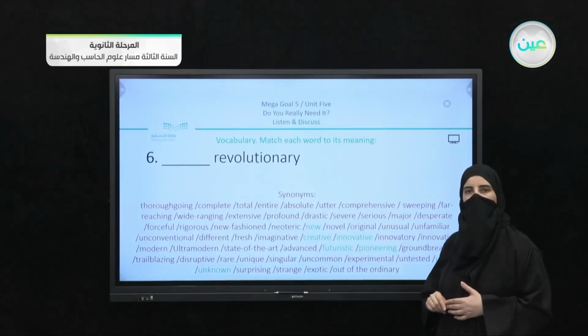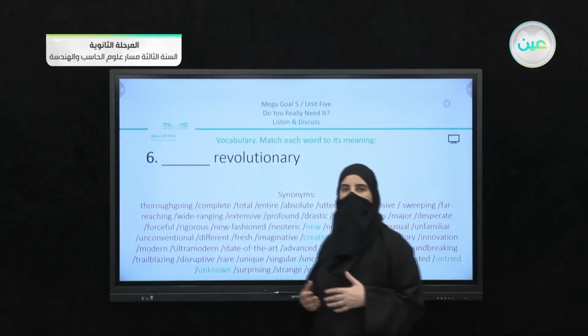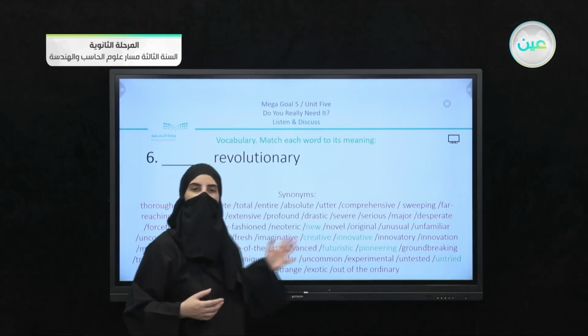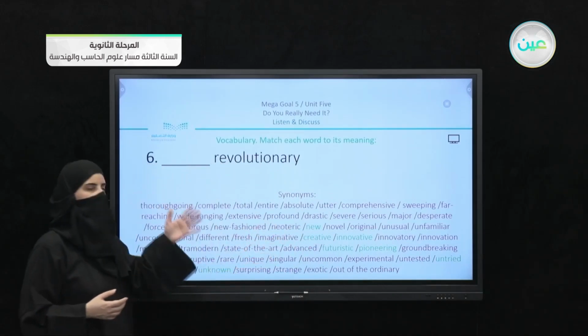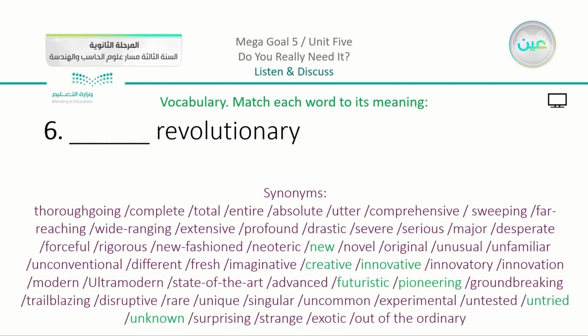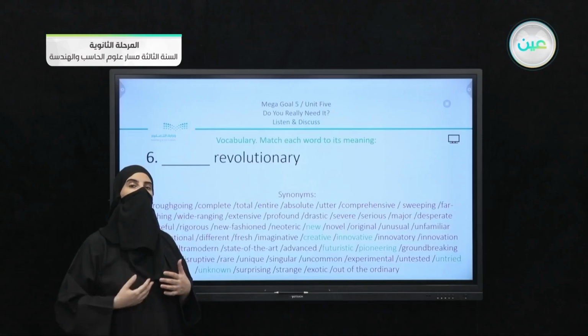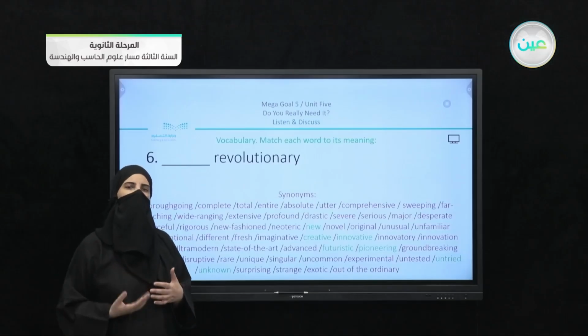Number 6, I also showed you this picture of the word revolutionary, and we have here all these meanings for revolutionary. Actually, we have here a capture of the complete meanings, but the ones that are related to our lesson are the words in the green part. Now, do you remember yesterday's lesson when we talked about the sneakers, and we said that they are revolutionary?